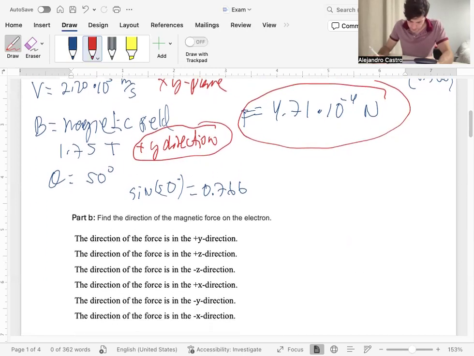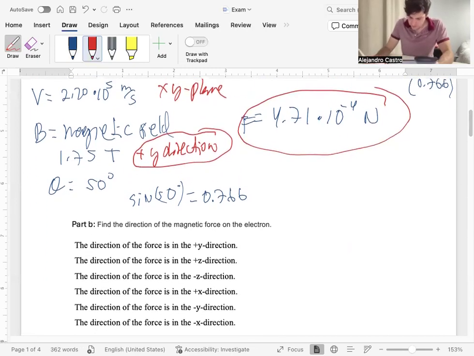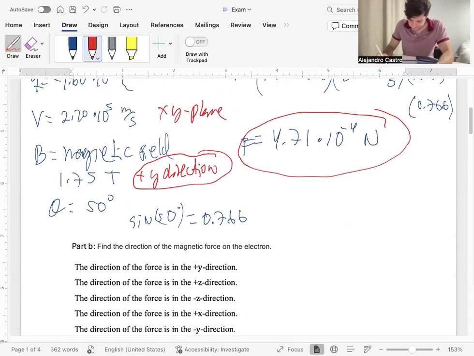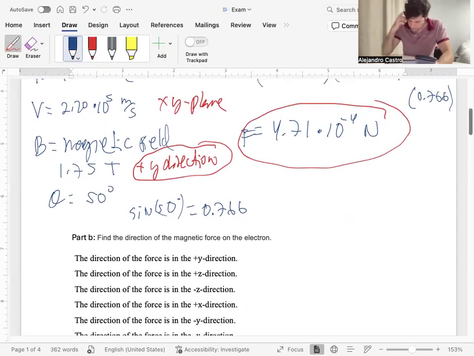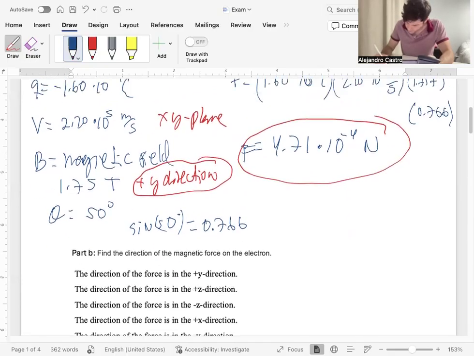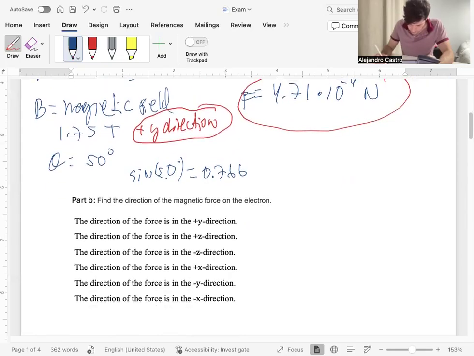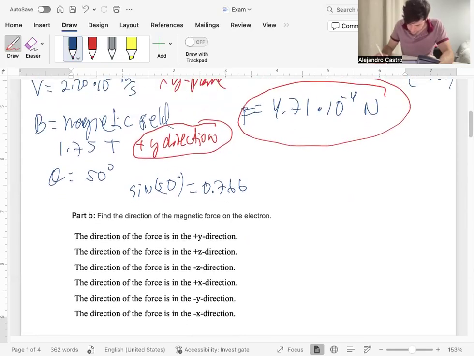Okay, let's do B. Find the direction of the magnetic force on the electron. Okay, without doing calculation or without having to use the right hand, we can do this.